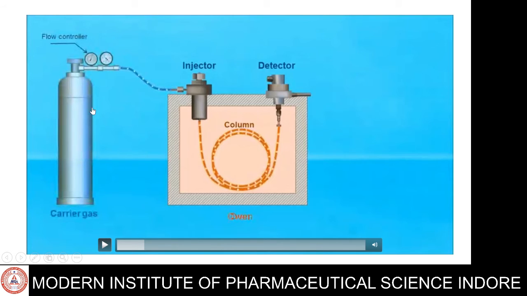Carrier gas from the tank passes through the valve and flow rate is maintained by flow controller, which is 1 to 1000 ml per minute flow rate, and pressure is 1 to 4 atmospheric pressure. And the injector is connected with oven and detector.